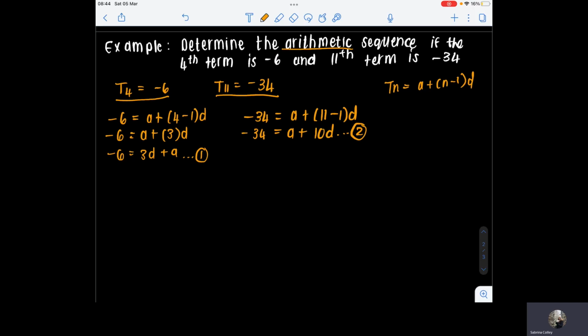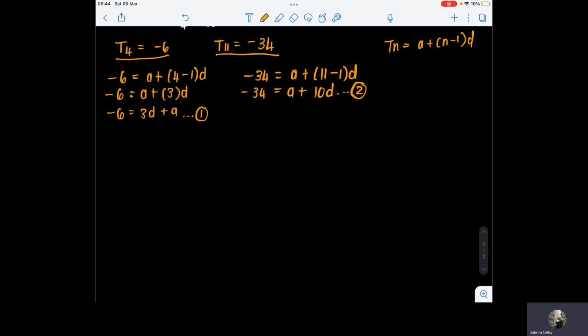So let's do our simultaneous equation. The first step is to take an equation and isolate a variable. I take equation 1 and isolate a: negative 6 equals 3d plus a, so I take the 3d to the other side, and a equals negative 6 minus 3d. There's my third equation.